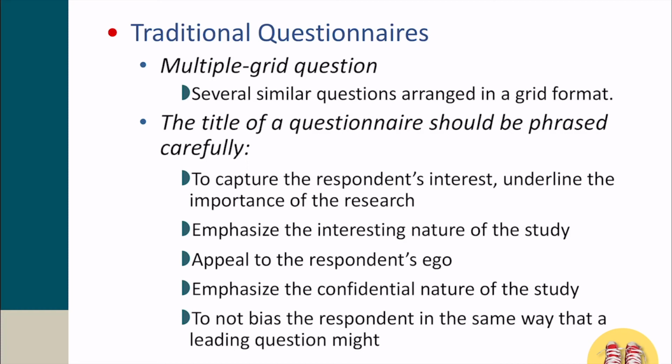To not bias the respondent in the same way that a leading question might, you want to be mindful of the ethics of these, and just be cognizant of it so that you avoid these mistakes and traps.